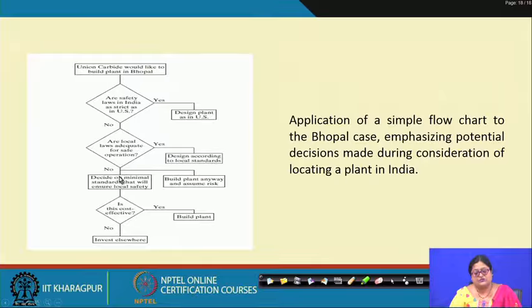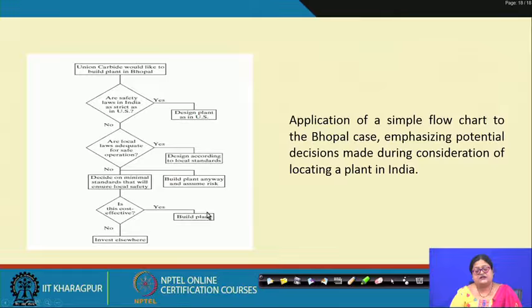If it is no, then there could be two options. Decide on minimal standards that will ensure local safety, or build a plant anyway and assume risk. If we are designing according to minimal standards that will ensure local safety, we try to answer the question, is this cost effective?